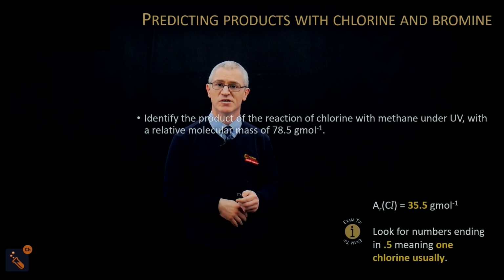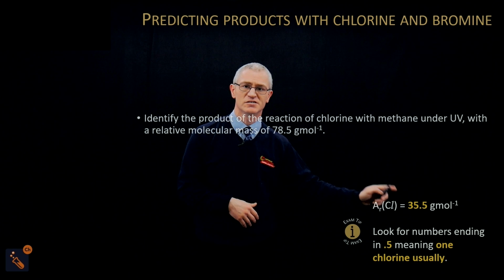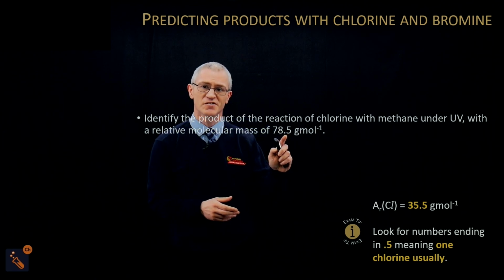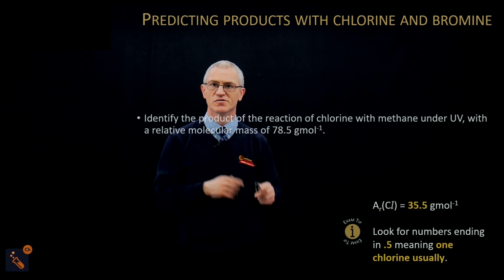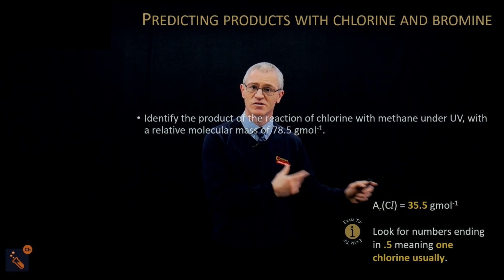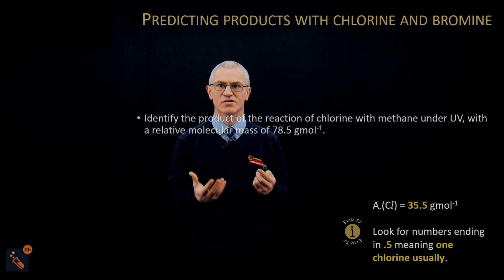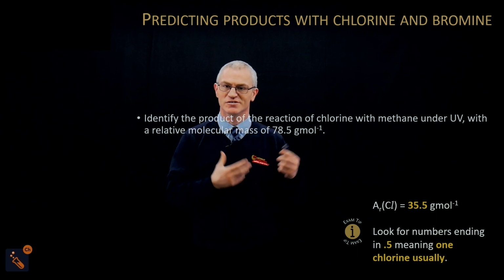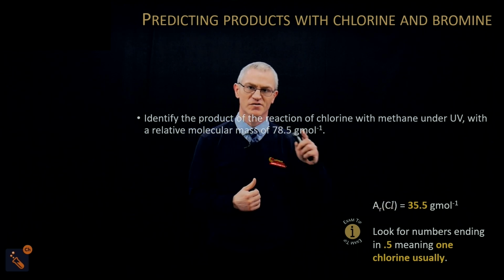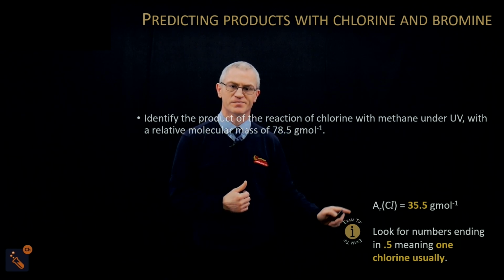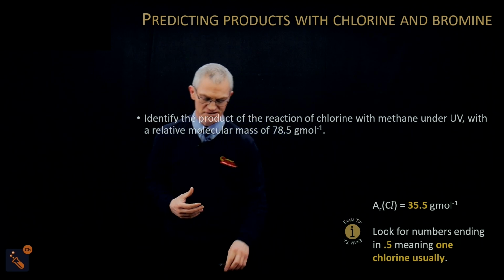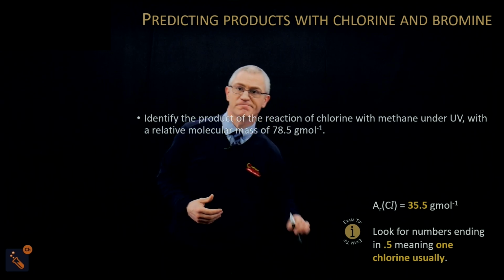The atomic mass of chlorine is 35.5. That 0.5 must be from the chlorine, and it suggests that it's one chlorine. It could be three chlorines, but they'll never ask you anything that complicated because it's really hard to predict. So 0.5, one chlorine.